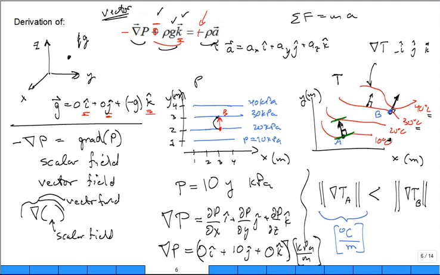Then, if I'm at this point and I move from 30 plus 10 would be 40, I can see that it's a shorter distance. So the rate of change is faster at B. As I move in that direction at B, the temperature change is greater as I move in that direction.